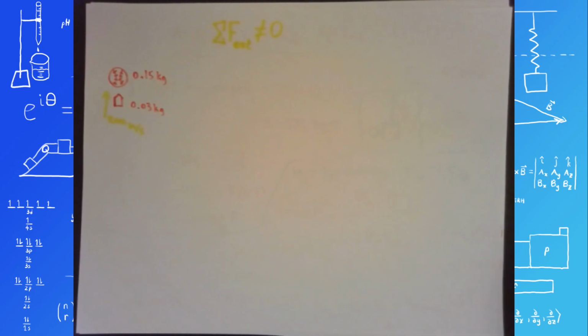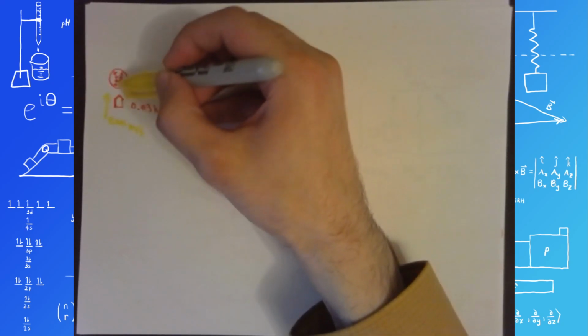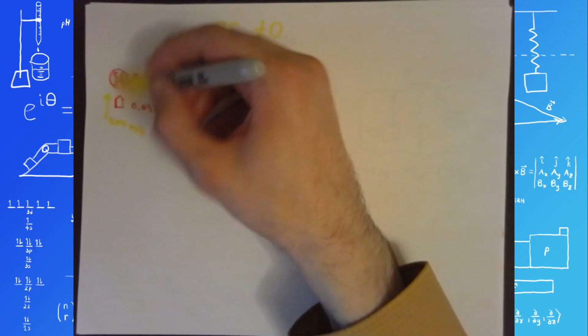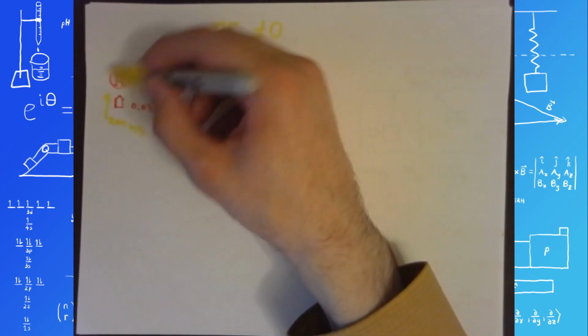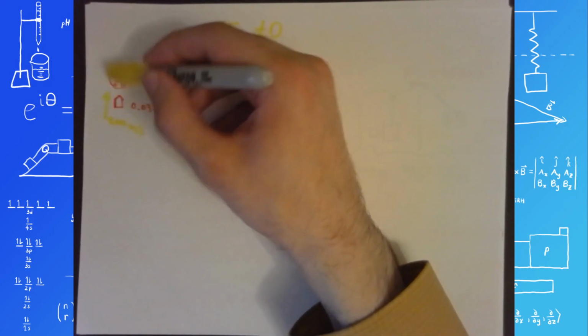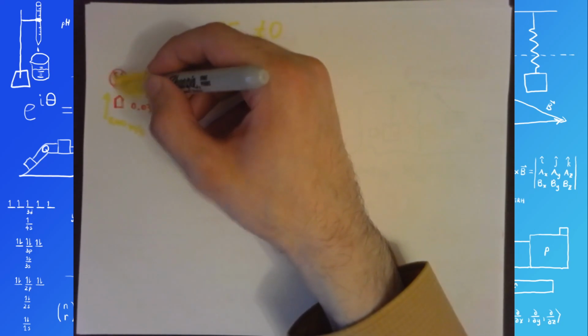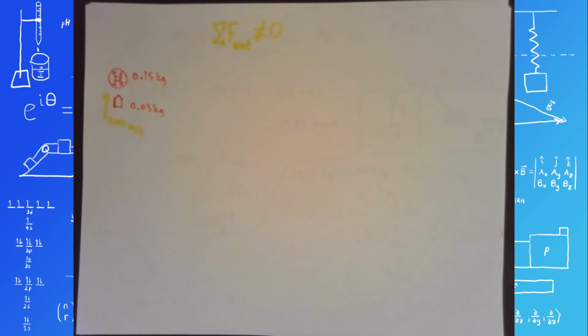We can then assume that the momentum is temporarily conserved while the bullet embeds itself in the baseball, and then from that point on, momentum is no longer conserved while energy is.